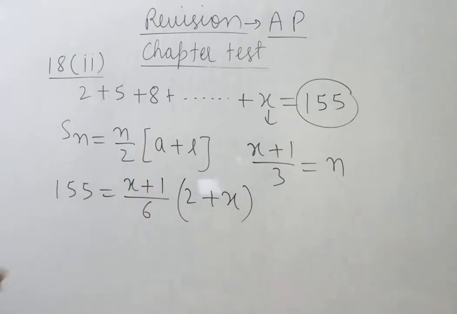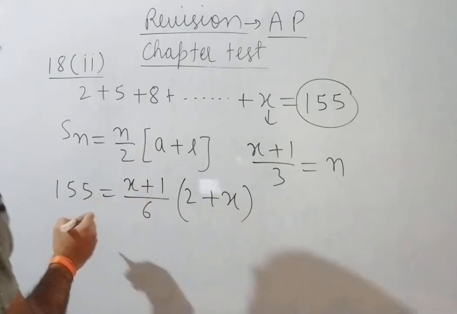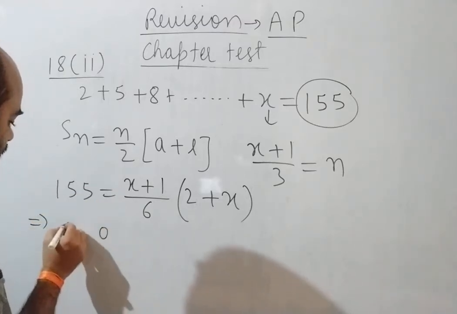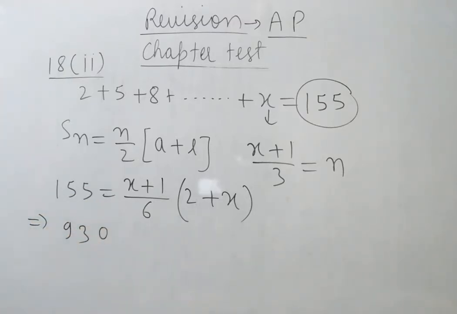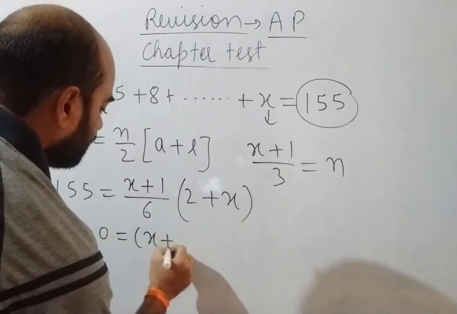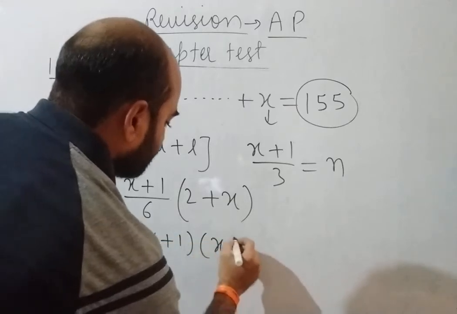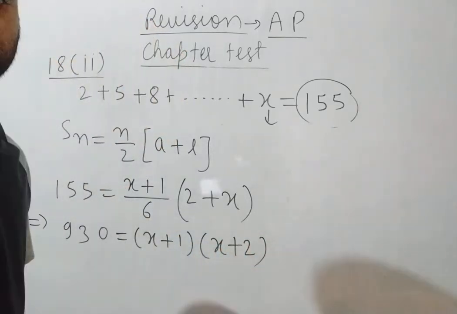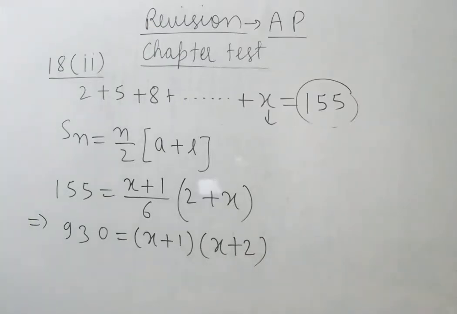Now multiply. This will be coming 155 into 6, it means 930 will come, equal to (x plus 1) and (x plus 2). Clear? So we have to solve this.